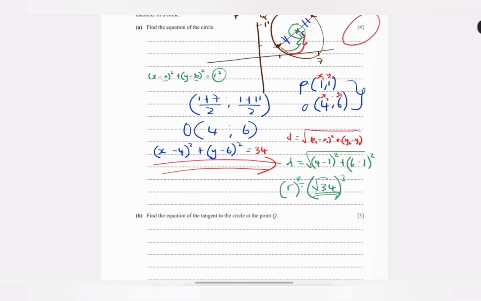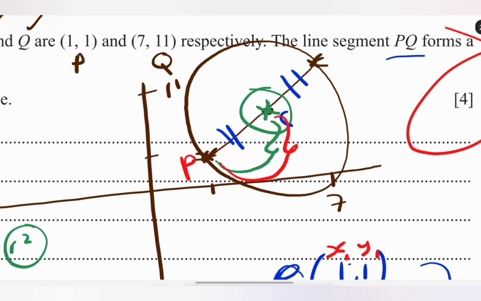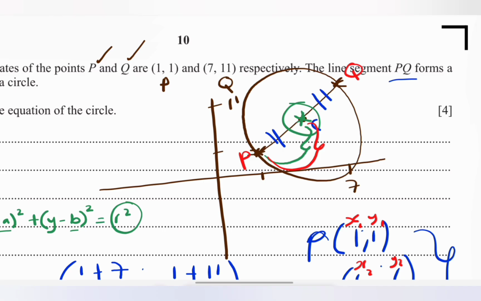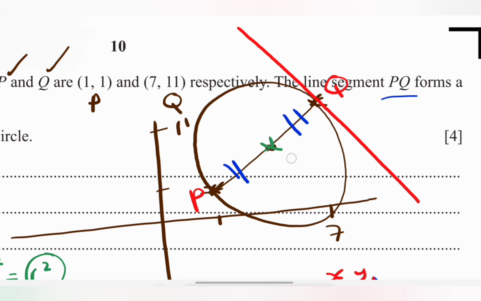Moving on to part B, it says find the equation of the tangent to the circle at point Q. And if this is our P and this is our Q, we're being asked to look for the tangent at Q, which is a line that touches the circle at Q. Let me rub this. Right.